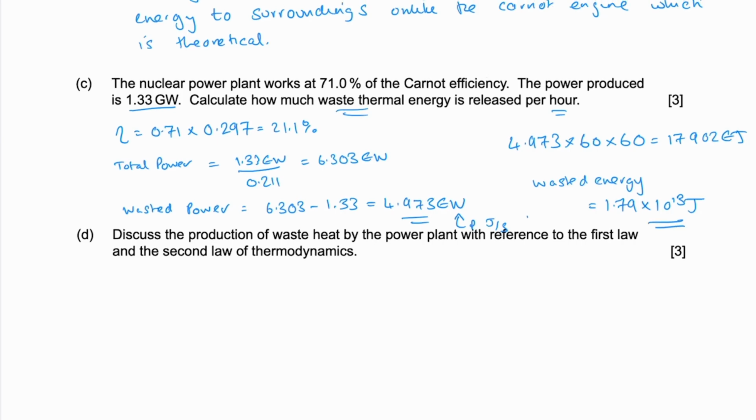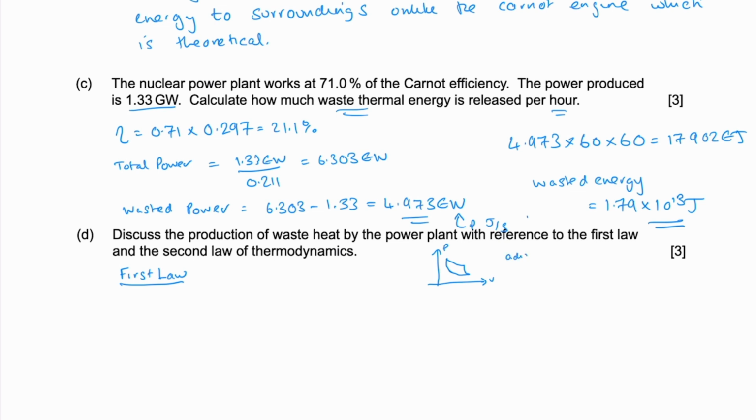D. Discuss the production of waste heat by the power plant with reference to the first law and second law of thermodynamics. Let's look at the first law first. So we're assuming a Carnot engine, and what a Carnot engine PV diagram looks like is two adiabatic processes and two isothermal processes.